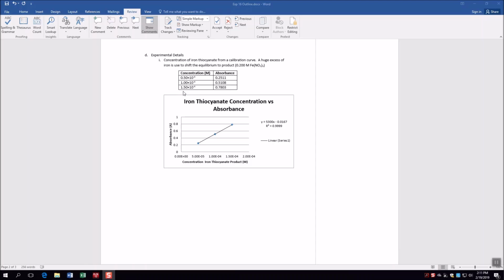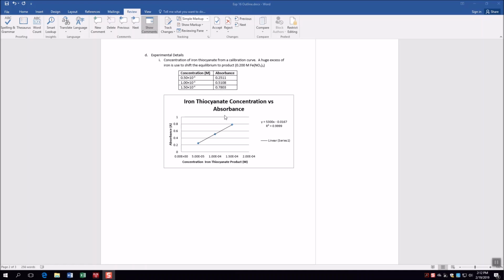The way that these solutions are made is we use a huge excess of iron nitrate. This, by Le Chatelier's principle, drives the reaction to completion. So therefore, we can actually know the concentration of the iron thiocyanate product. The TA will make about 100 milliliters of each of these solutions for the entire class. You will then fill vials with each of these solutions and measure their absorbance.